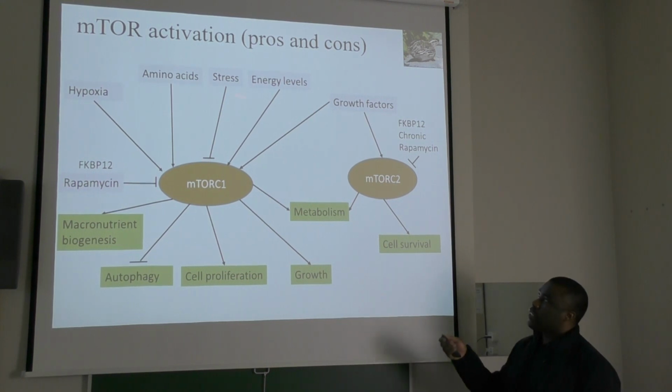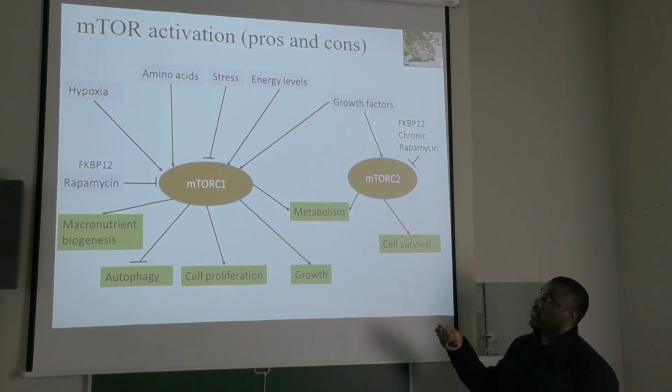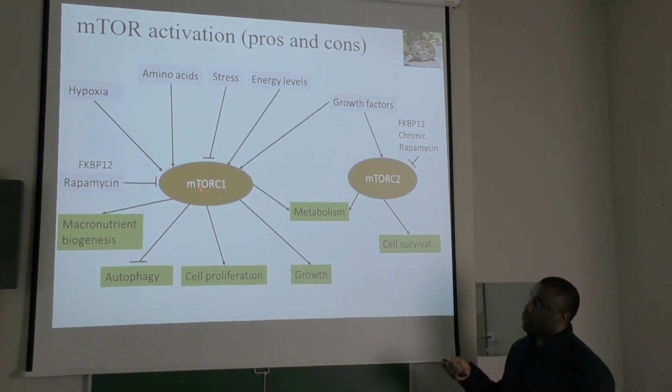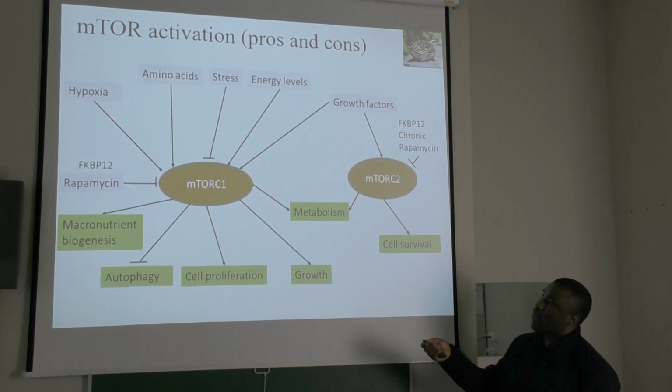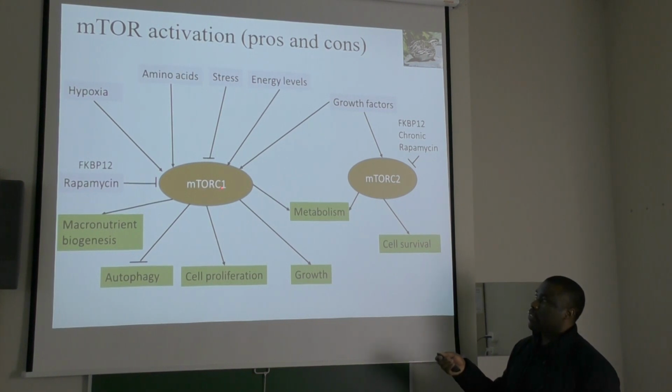So all stimulations coming from these cues go to the mTOR pathway, but if you inject rapamycin into the organism, mTOR is not stimulated by these pathways. Stress otherwise just inhibits mTOR, but rapamycin also inhibits mTOR.